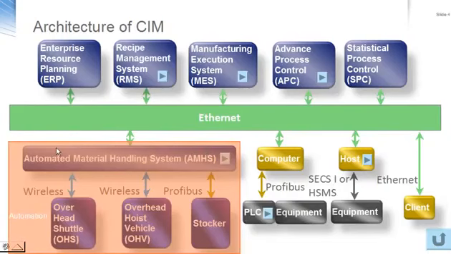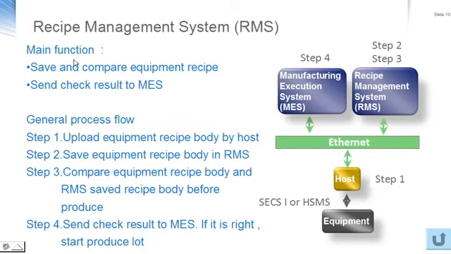Okay, this is the MHS, and we are introduced. If you have installed the MES already, and then maybe you want your yield to become better, you need the recipe management system. And the recipe management system's main function is to save and compare equipment recipes and send a check result to the MES.